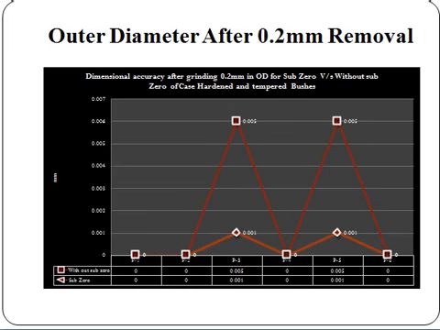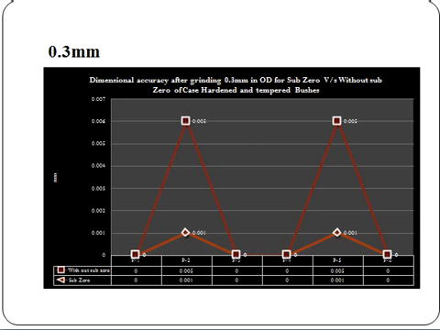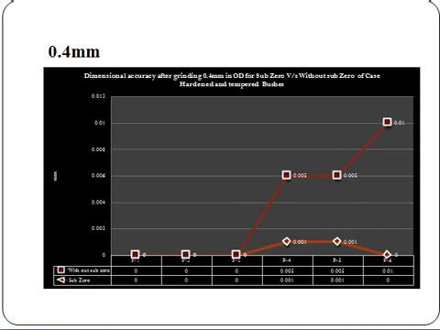Next one is outer diameter after 0.2 mm removal. In this also, with sub-zero and without sub-zero are shown in this graph with values and dimensions. This one is 0.3. This one is 0.4 mm, dimensional accuracy after grinding 0.1 mm OD, sub-zero versus without sub-zero.